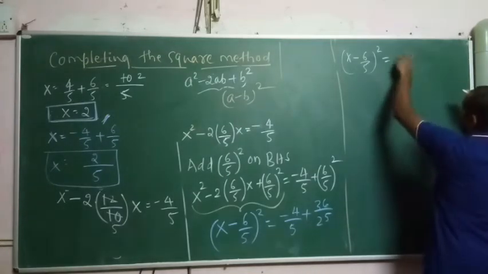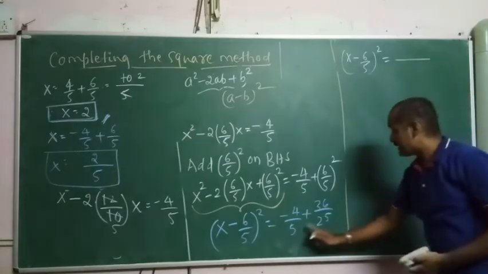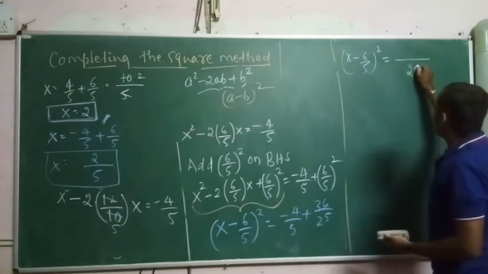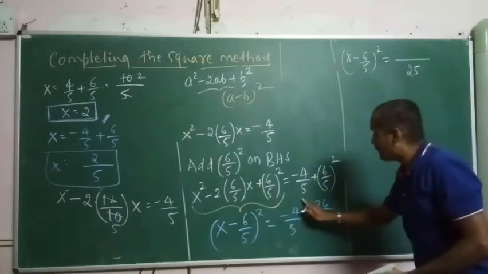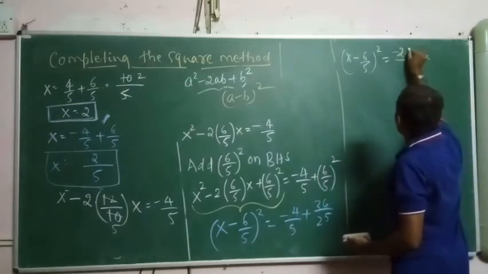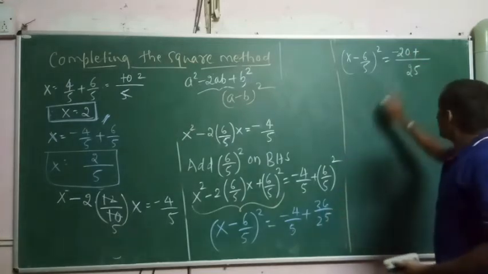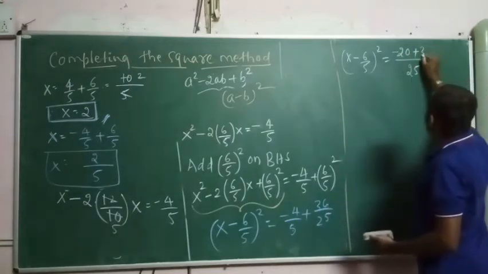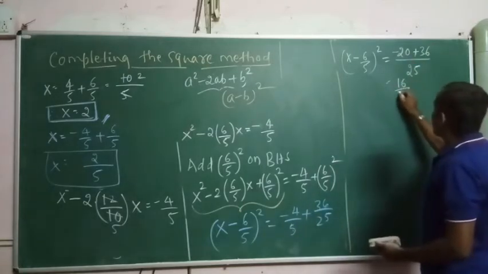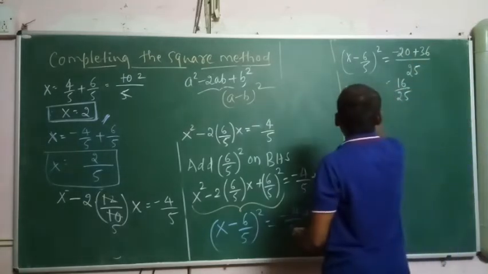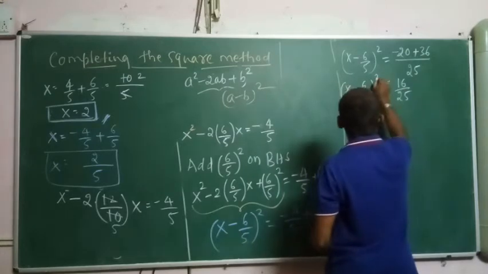Oh sorry, I can take the LCM. 25 is the LCM. 5 5s are multiplied by 5. It is minus 20 plus 36, 1s are 36. Plus 36 minus 20 gives you 16 by 25. This is x minus 6 by 5 the whole square.